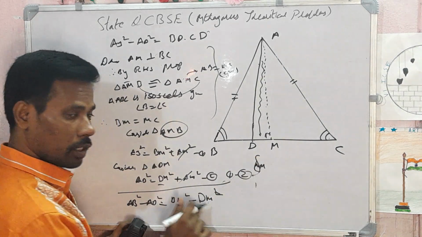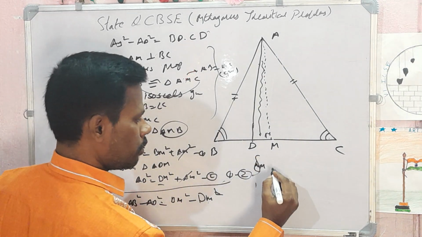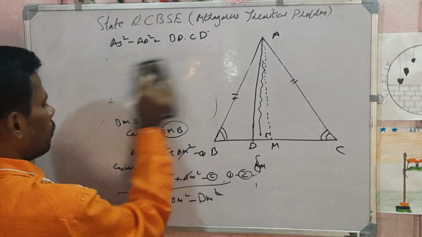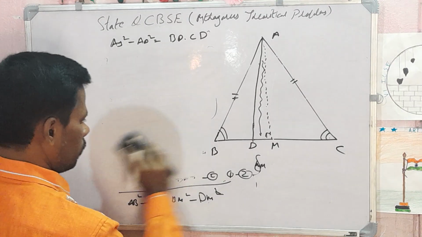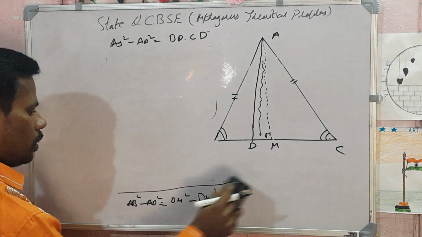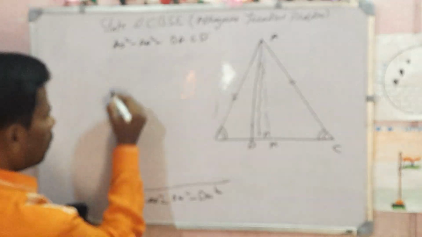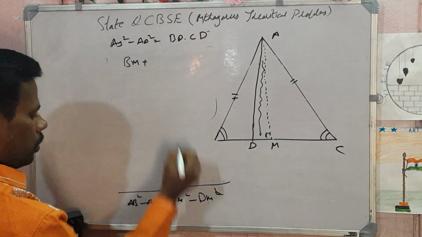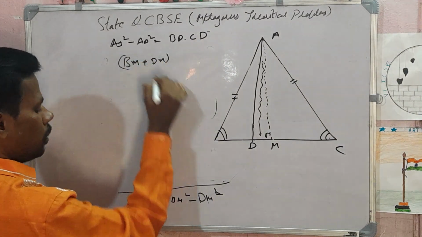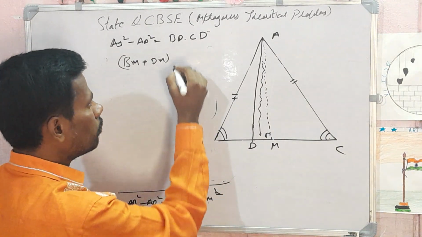A square minus B square. What is A square minus B square? A plus B into A minus B. So BM square minus DM square is BM plus DM into BM minus DM.